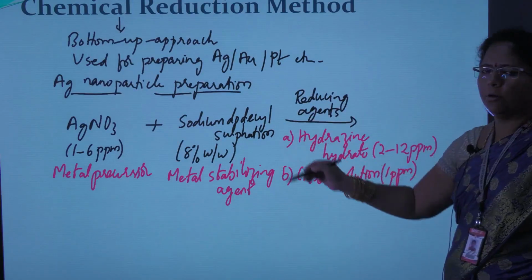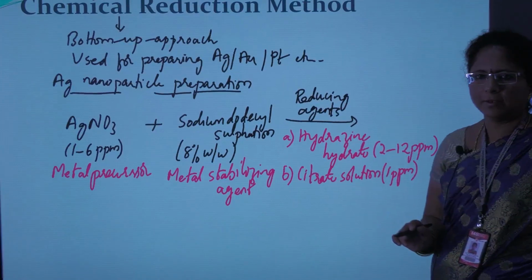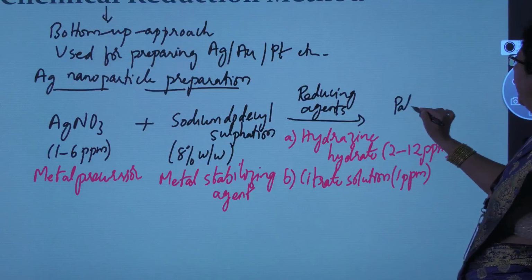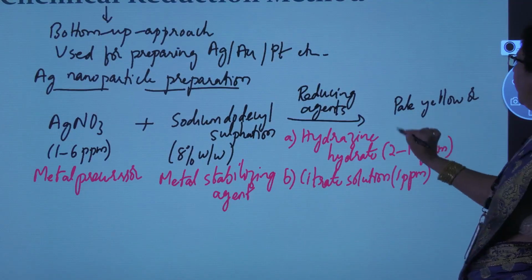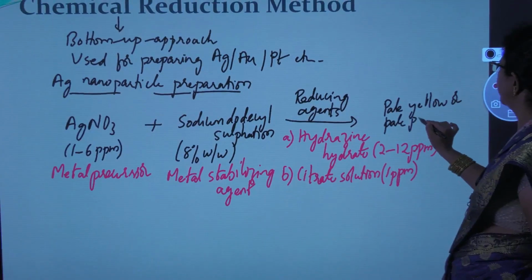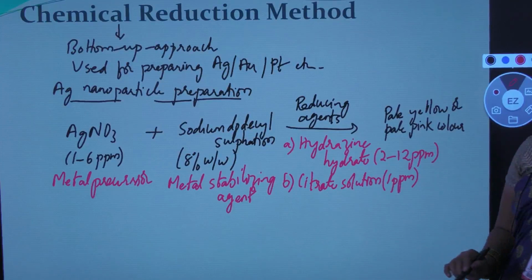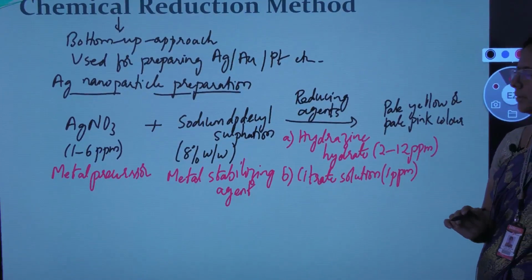So after adding all these, initially the solution will be colorless, but after some time a pale yellow or pale pink color appears. The formation of this color indicates the formation of silver nanoparticles.